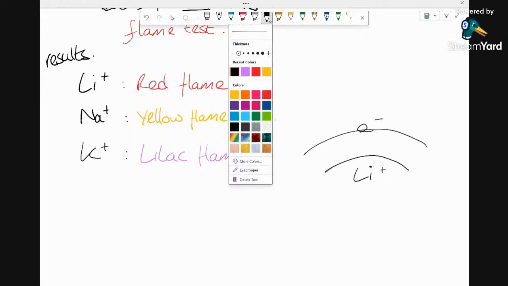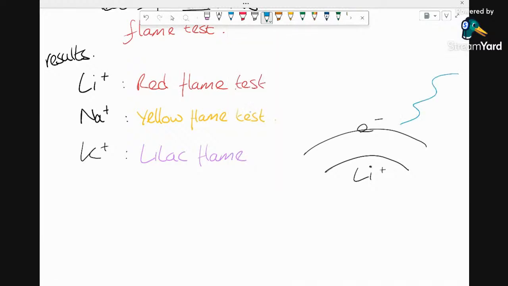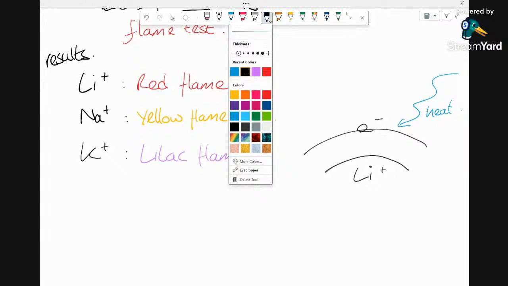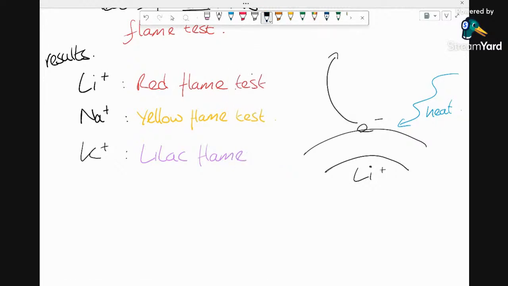And what will happen is when we add the heat from the blue Bunsen burner flame, the electrons become excited and they will jump. So I'm going to write here, E- electron excited to a higher energy level, and this is by the heat from the flame.